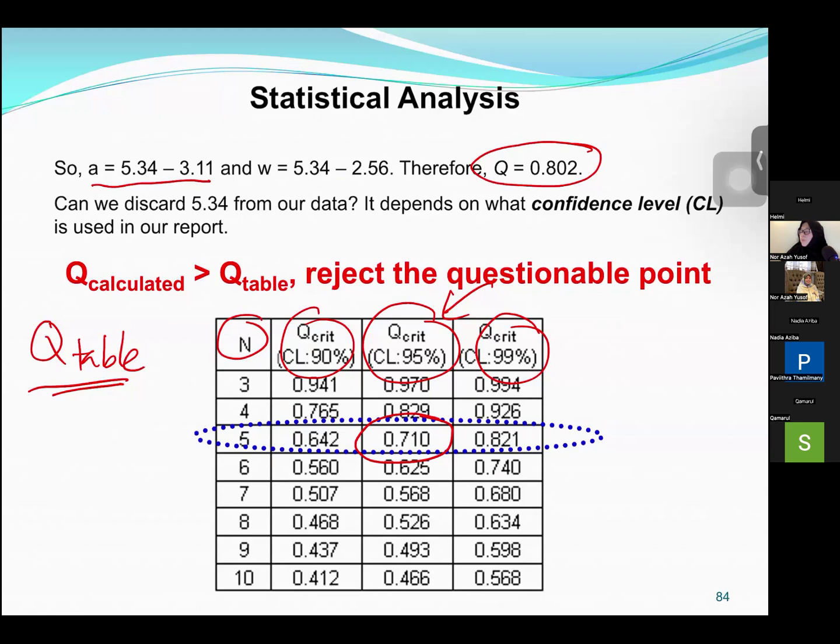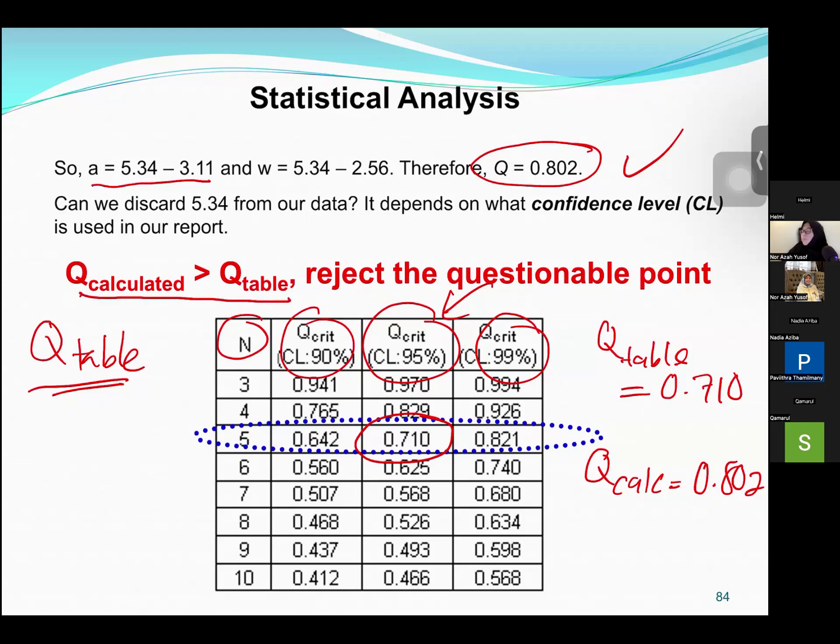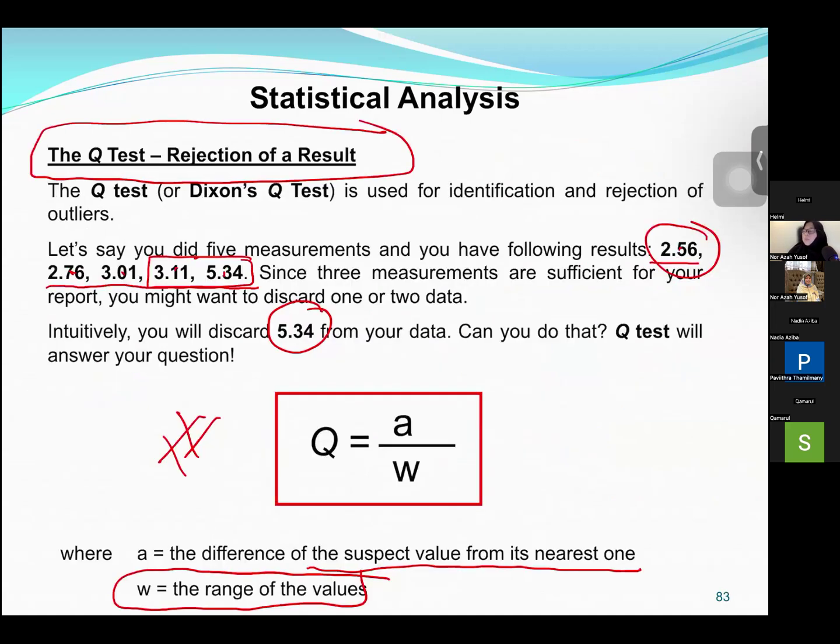Now we have Q from table 0.71, and we have Q calculated 0.802 here. Since Q calculated is bigger than Q from table, we reject, so we can remove the data from the data set.